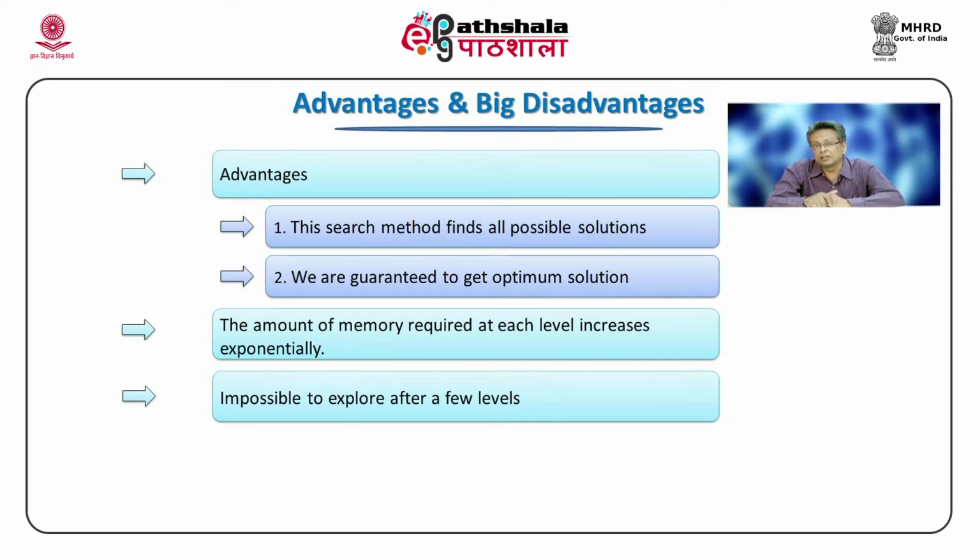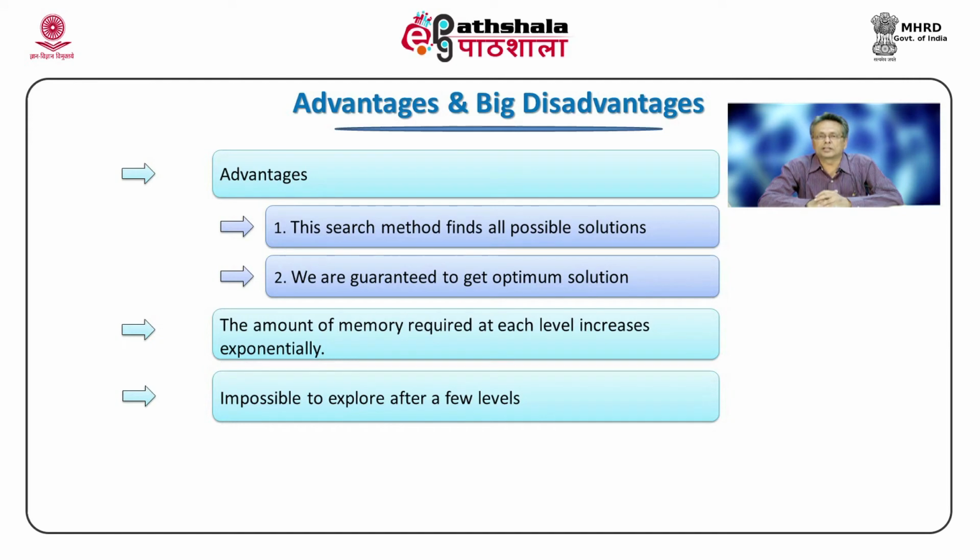What if the branching factor, the average number of nodes from a given node, is higher? For example, in chess you have a branching factor of around 35. Level 1 is 1, level 2 is 35, level 3 is 35 times 35. Every level increases the number of nodes exponentially, and that is the problem with this approach.